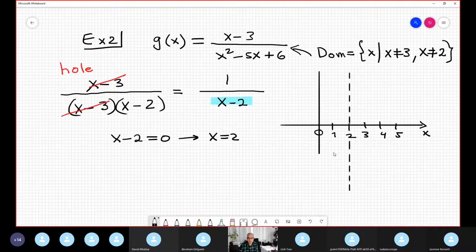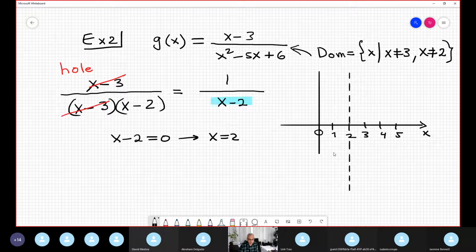It's a dotted line. Now I need to understand the behavior. I select a number a little before and after 2. But at 3, no, because at 3 there is a hole. So I avoid 3, because it's undefined also.